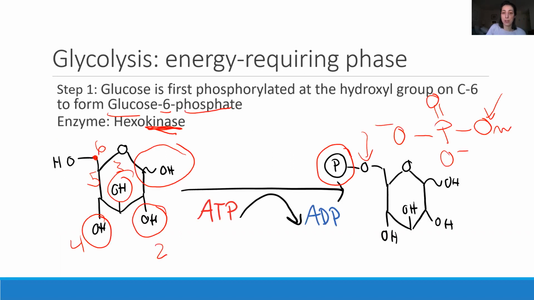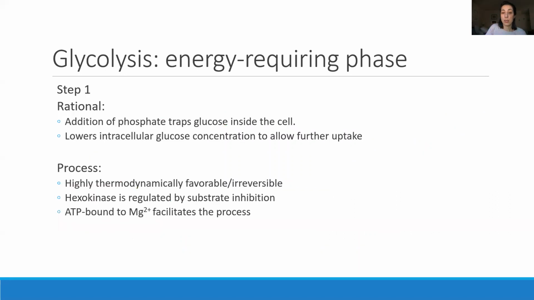Remember, as I just showed here, phosphates have negative charges on them, right? So it charges the glucose, and this traps it in the cell. It can no longer move out of the lipid membrane of the cell freely, and it is now trapped. We want that because we want to break it down inside the cell, right? We want it to stay in the cytosol so that it can be broken down.